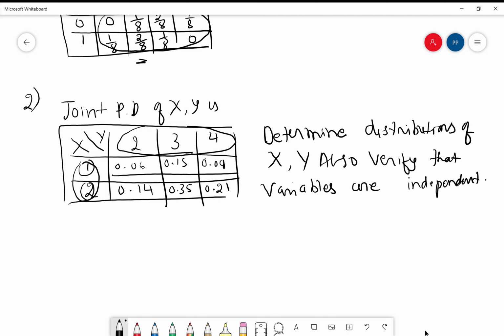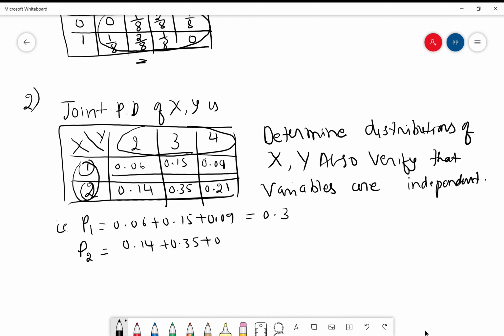That is, P1 equals 0.06 plus 0.15 plus 0.09, which equals 0.3. Then P2 equals the sum of the entries in the second row, 0.14 plus 0.35 plus 0.21. This is nothing but 0.7.